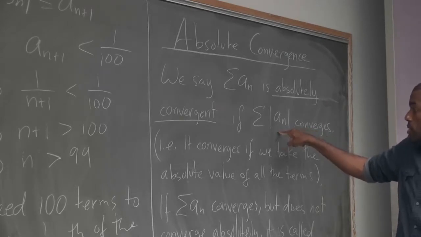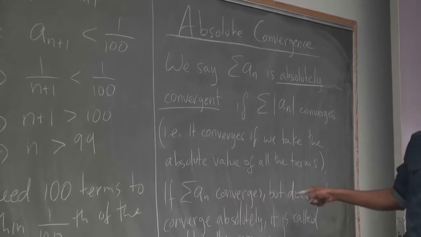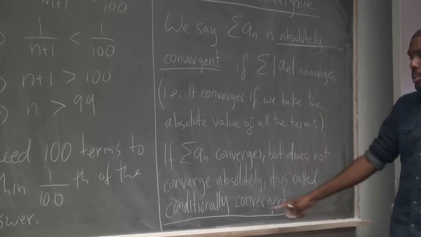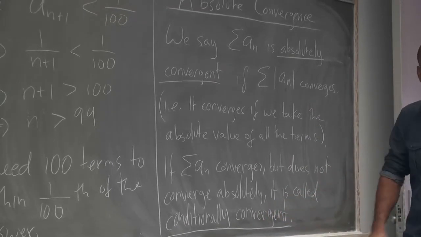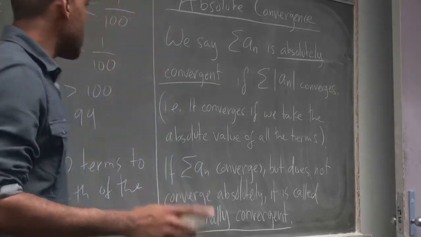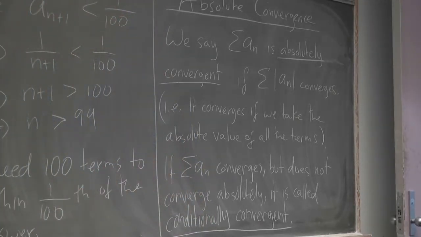Right? If the original series converges but it is not absolutely convergent, it means if I put absolute values it messes everything up. We call it conditionally convergent in that case. Right? So there's a distinction between being absolutely convergent and being conditionally convergent.